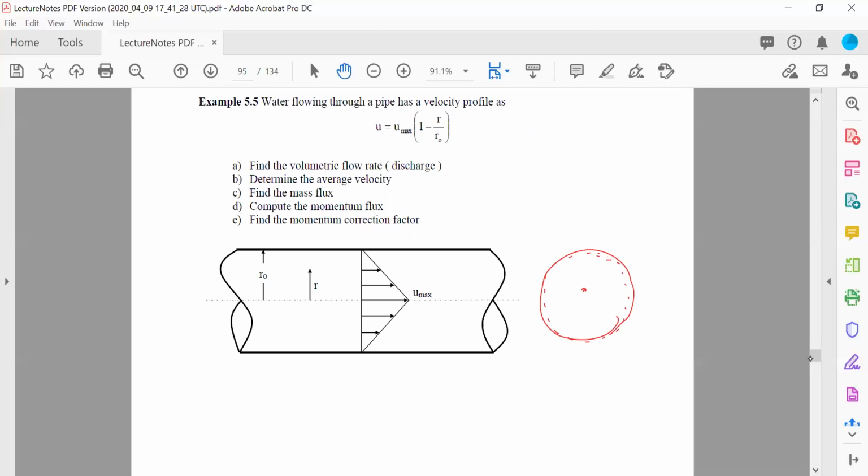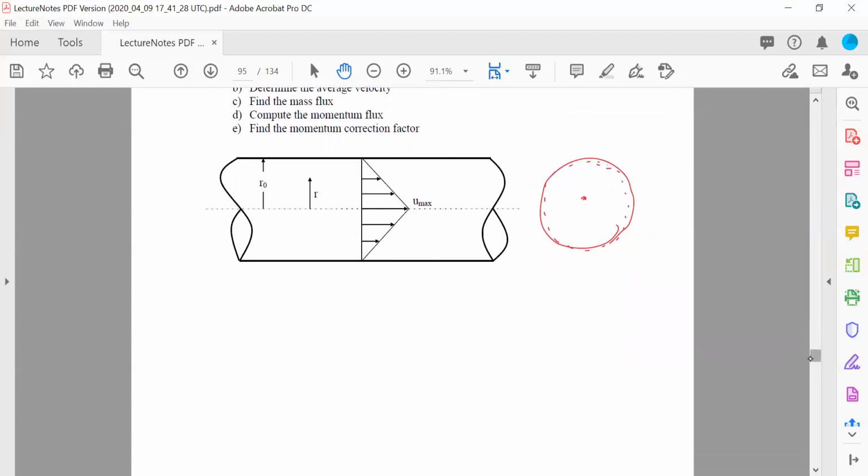And the acting areas of the velocities are not same, so that we cannot treat this velocity as just a half of a constant velocity, because the acting areas of the velocities are not same. Surely we will find the discharge at part A, and let's go through how to obtain discharge at part A.